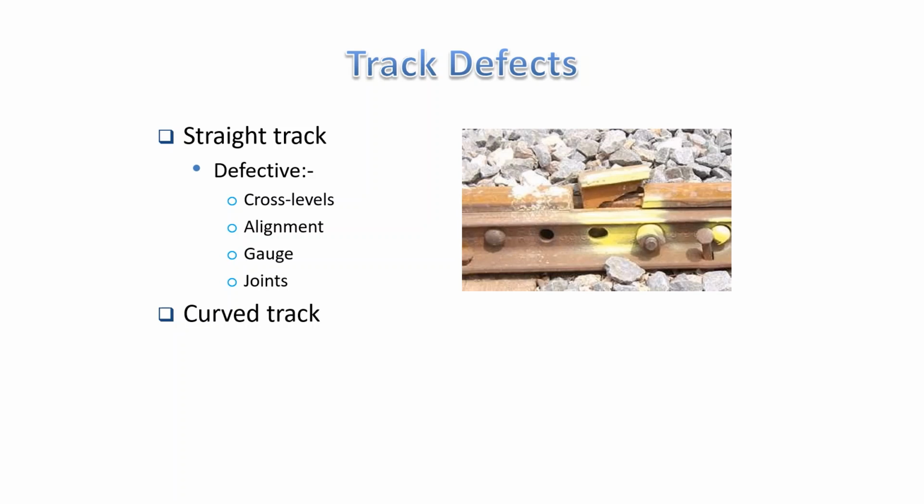And if the gauge is not uniform, or if the joints are not being properly fixed, or if the rails are not properly fastened to the sleepers, or if the ballast thickness is not sufficient to embed the sleeper, all these can be the reasons for track defects in a straight track.